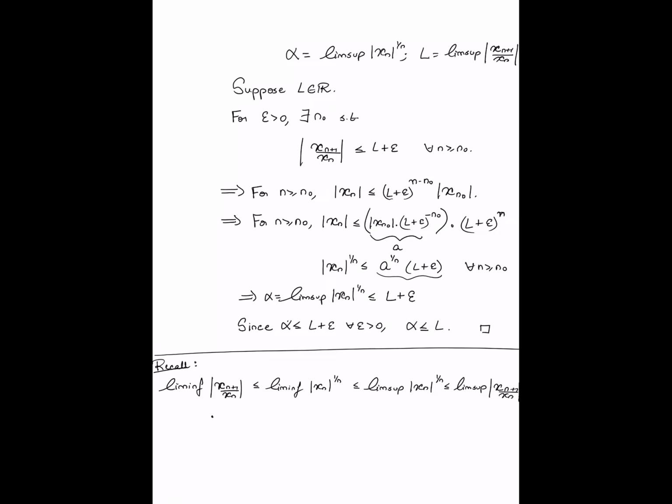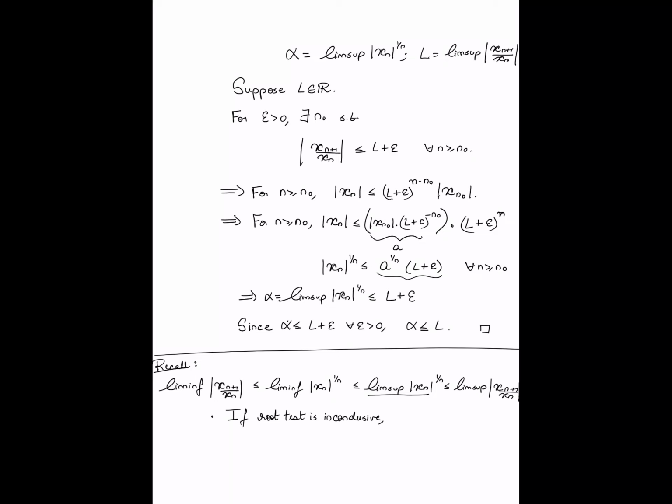Another way of seeing that is that if the root test is inconclusive, right? When is the root test inconclusive? When this fellow is equal to 1. But if this fellow is equal to 1, then clearly the lim sup and the lim inf of mod x_{n+1} by x_n are in fact on either side of 1.